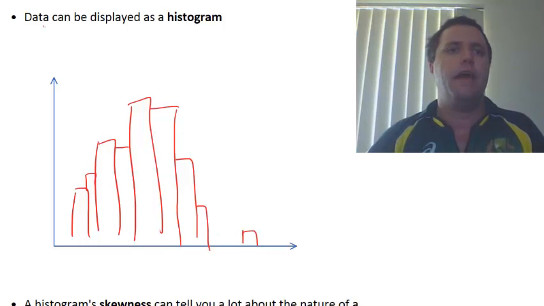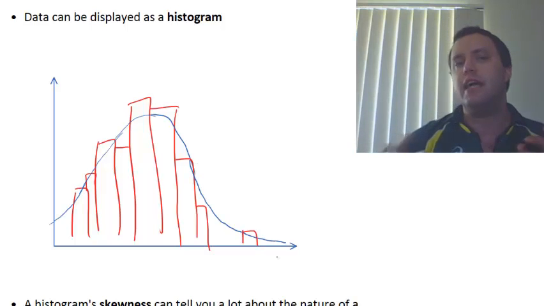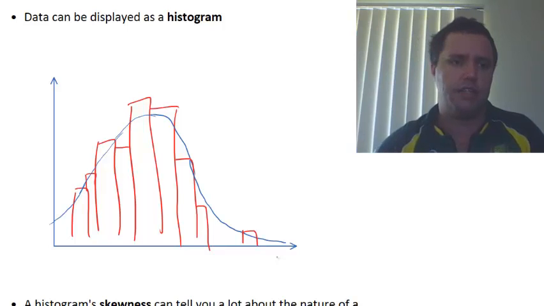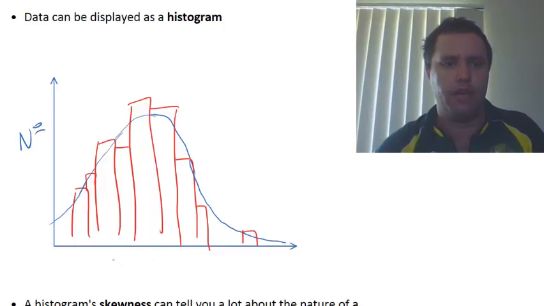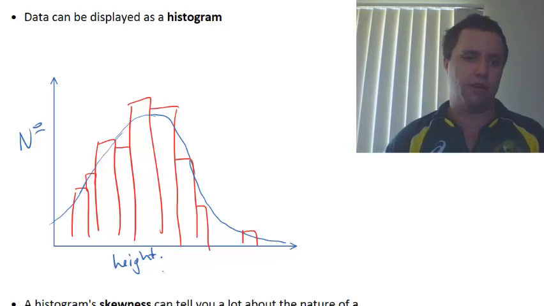Something like that. And you can sort of draw one of those curvy things across the top, sort of fit it through, and it's going to help you look at your data. So let's say this could again be our number of people, and this could be our height still. So you can represent our data as a histogram like that.